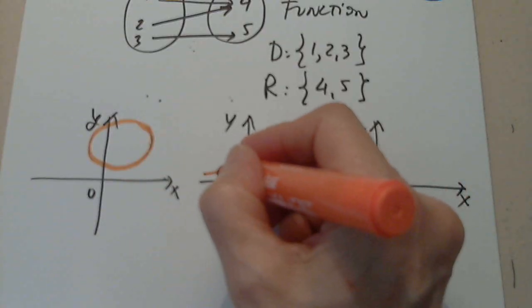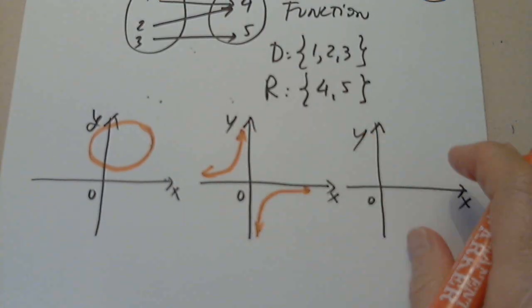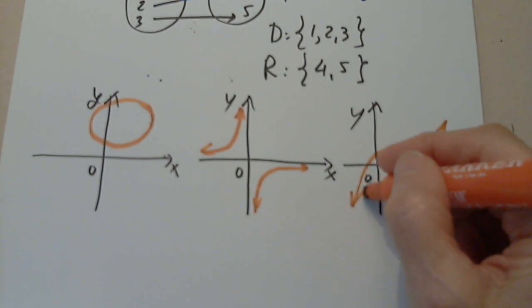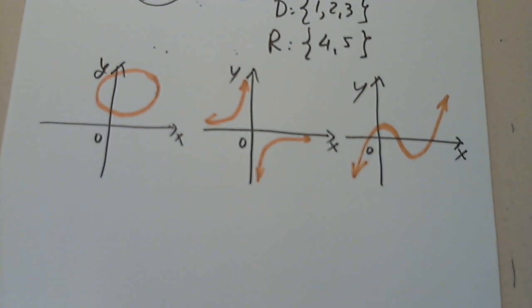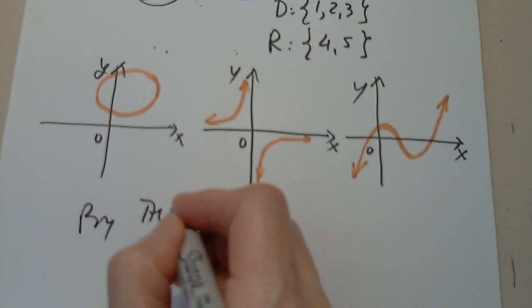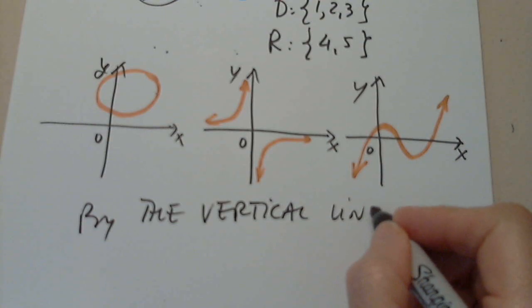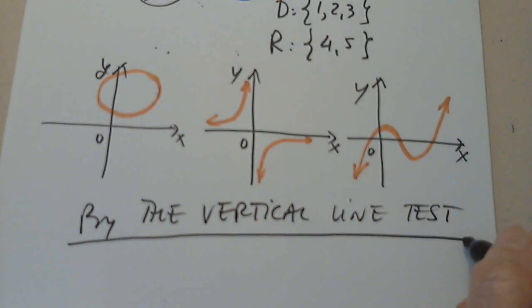Here's the other. And here's the last one. How will I know which ones represent a function and which ones do not? Here's the idea. By the vertical line test.